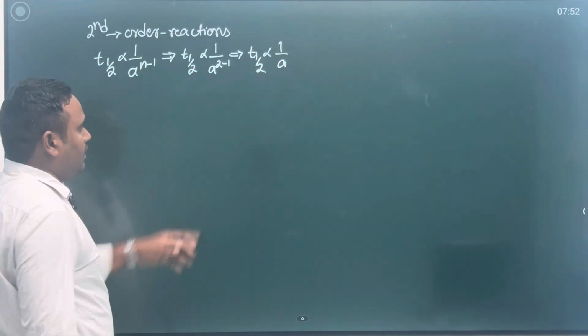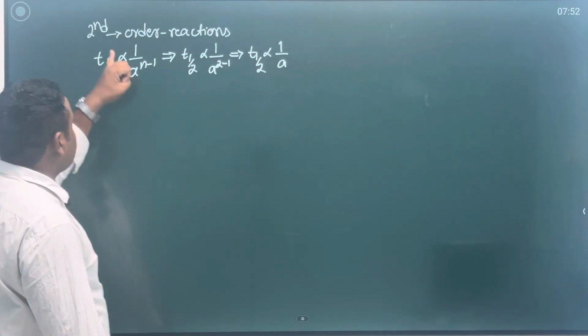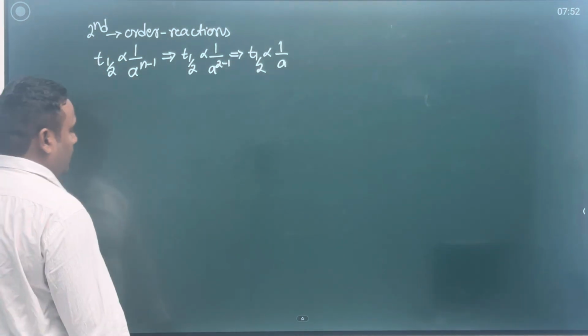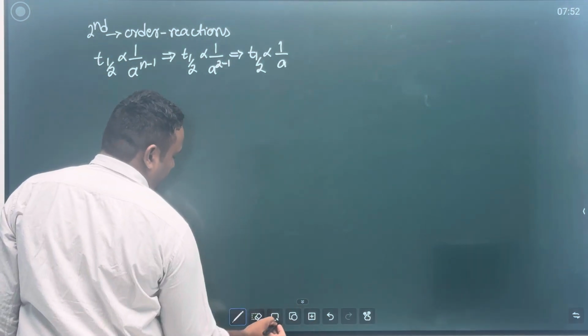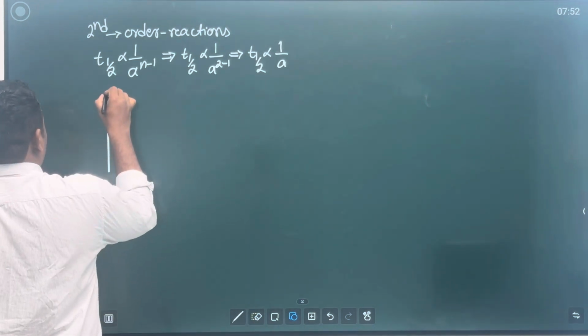This means t half is inversely proportional to the initial concentration in second order reactions. So how will you get the graph here? When you plot a graph, okay.